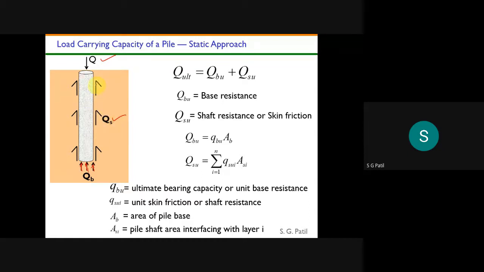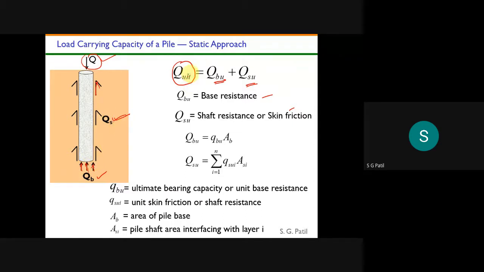This is QS, which is called skin friction or shaft resistance, and this QB is called base resistance. So this total Q is shared among these two, and you have to add up both.